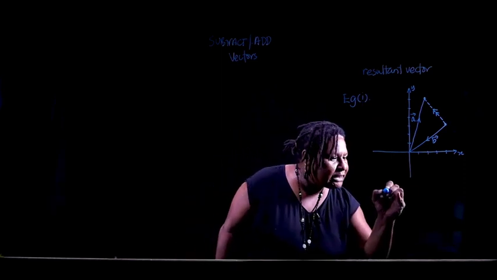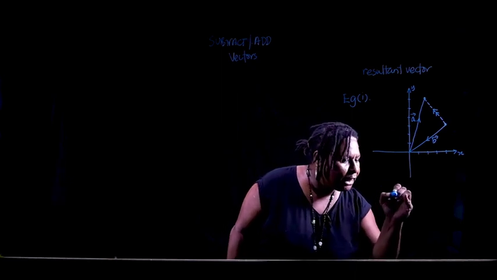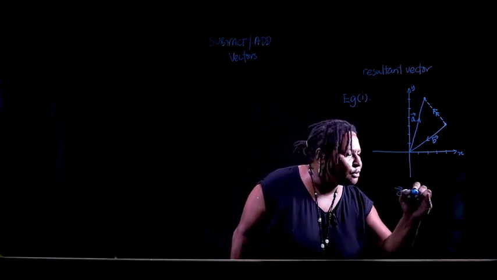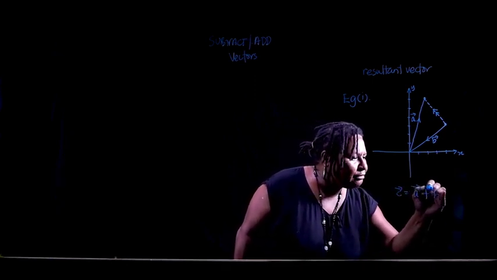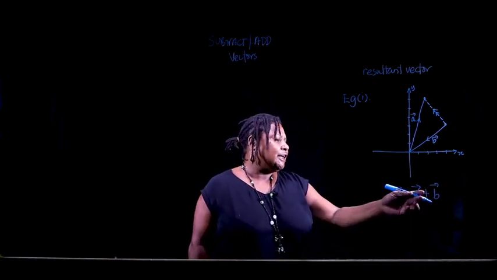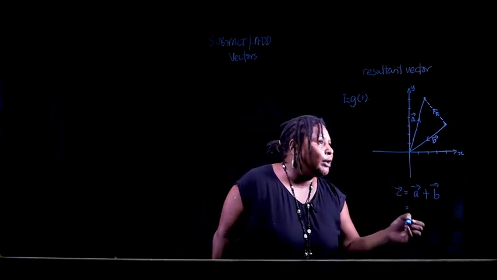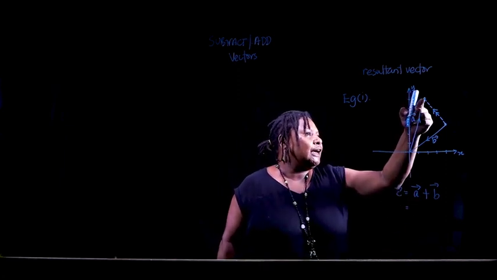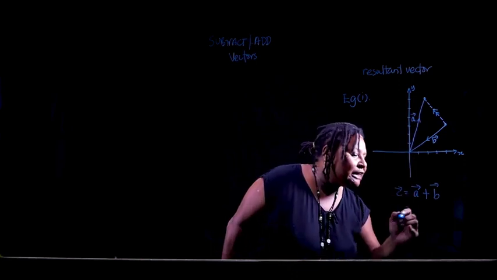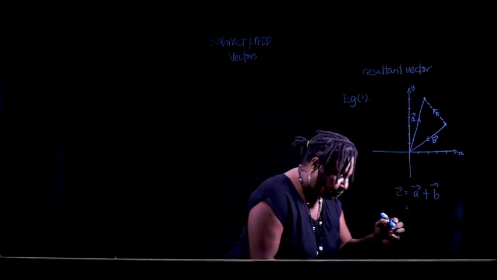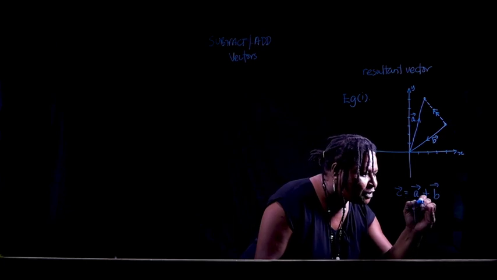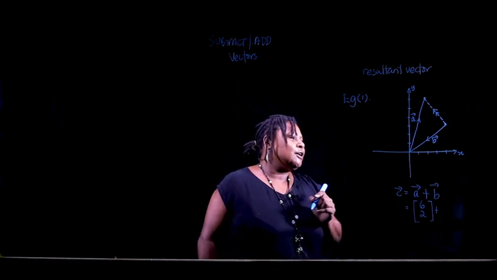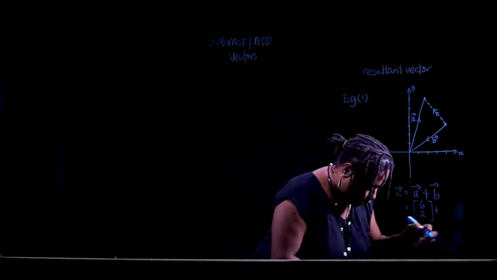Vector C is equal to vector A plus vector B. We get the x and y components from this graph. Vector A has x and y components 6, 2, which we write in matrix form, plus vector B, with x and y components 4, 3.